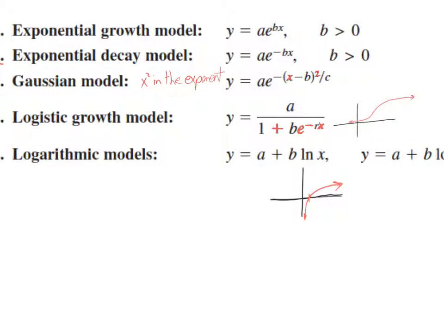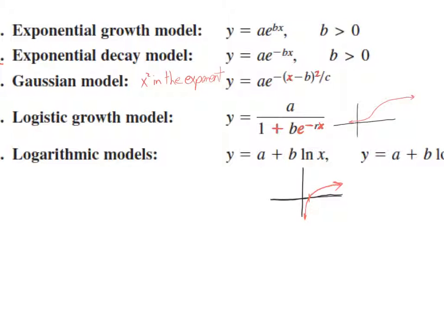Now, this model we actually have already used before. We looked at the equation actually very, very briefly. But you used this shape back in our statistics unit. So it's the bell curve one? It's the bell curve, okay?